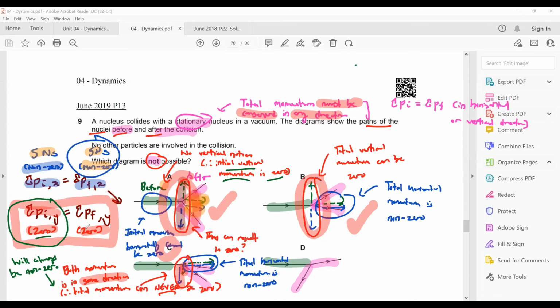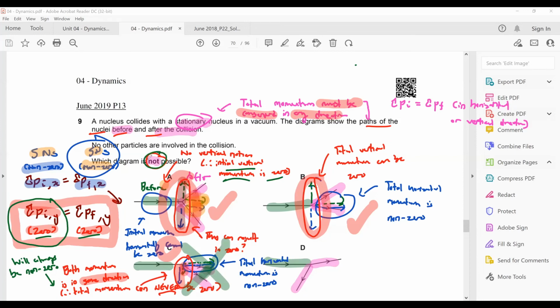So if your momentum is conserved in the vertical direction, the final momentum after collision must also be 0. So right now what you see here is that C will never be possible to be 0 when you look at the vertical momentum. So this diagram is actually not possible because it will tell you that momentum is not conserved.